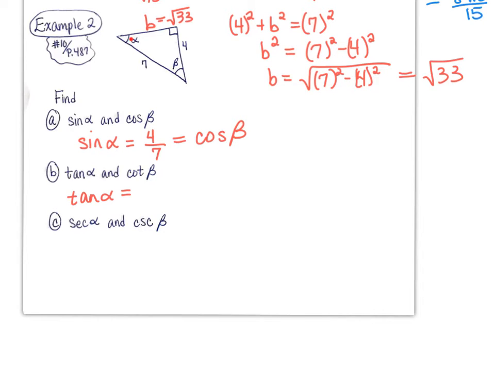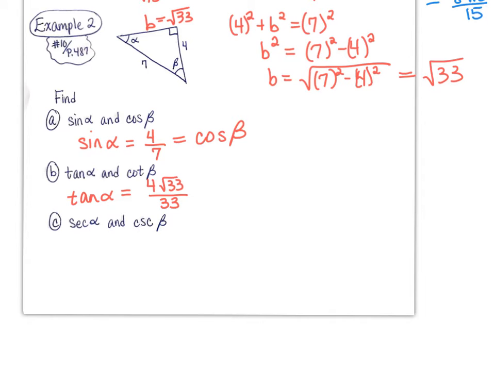So this is alpha. What's the opposite? 4. Good. So it's the opposite over the adjacent. What's your adjacent? Root 33. Good. So it would be 4 root 33 over 33. Good.